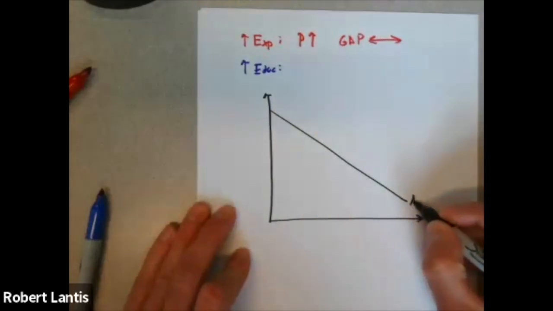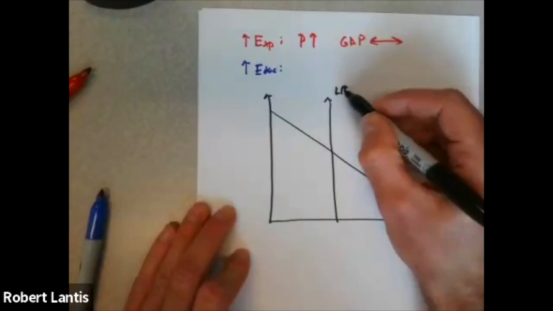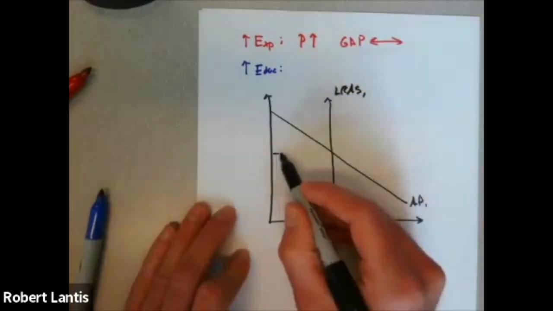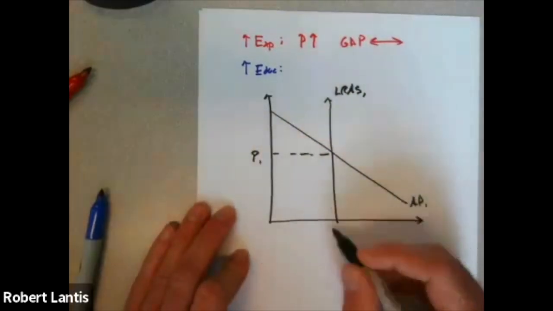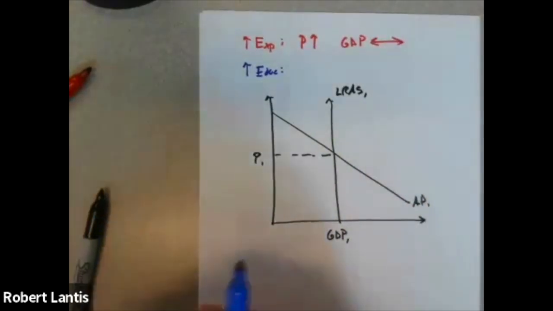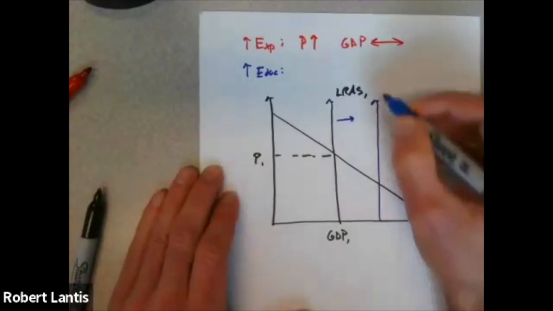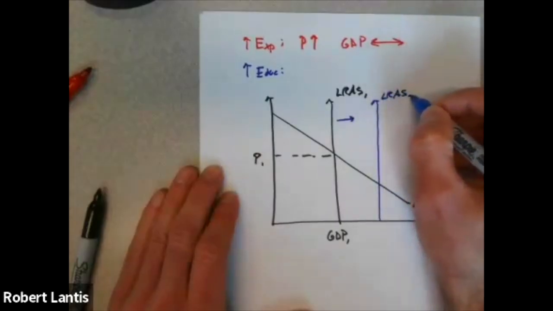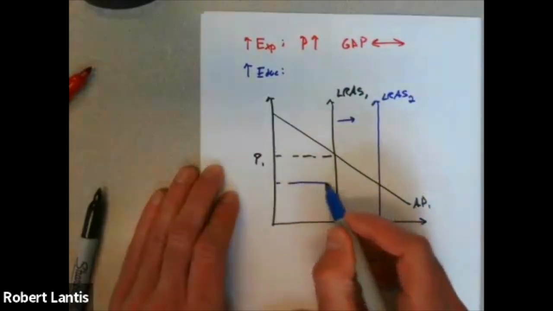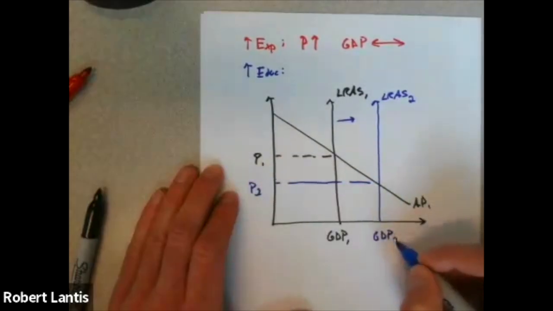So we've got aggregate demand, we've got long run aggregate supply, and our initial price and initial GDP are here. If education levels go up, that's going to increase our long run aggregate supply, which will lower our prices and increase our GDP.